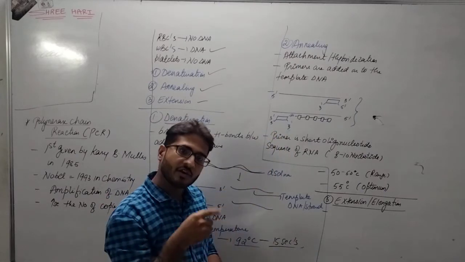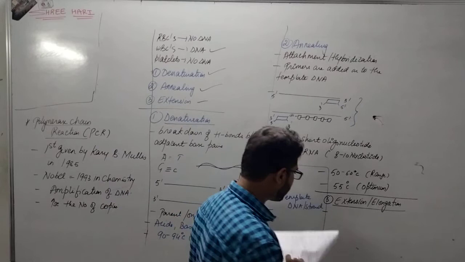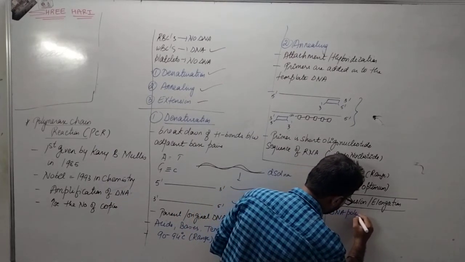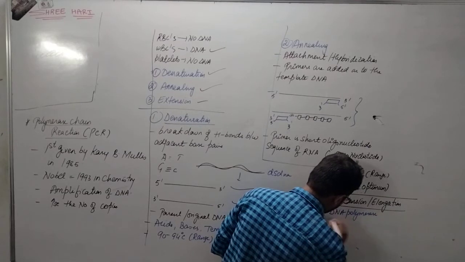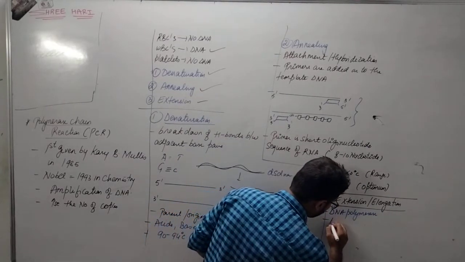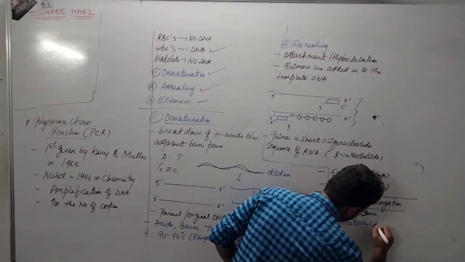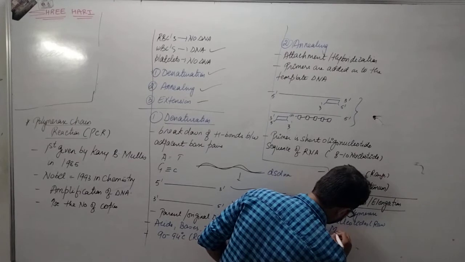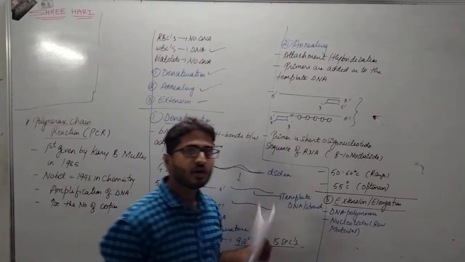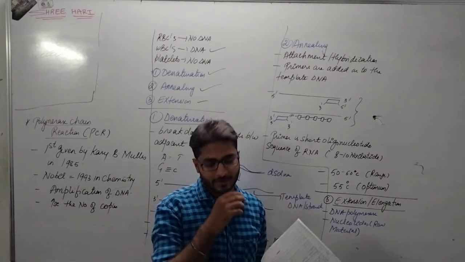Primer attaches, new nucleotide formation takes place. So what we require is enzyme DNA polymerase. We also require nucleotides, that is the raw material, acting as a raw material for the synthesis of new DNA strand.